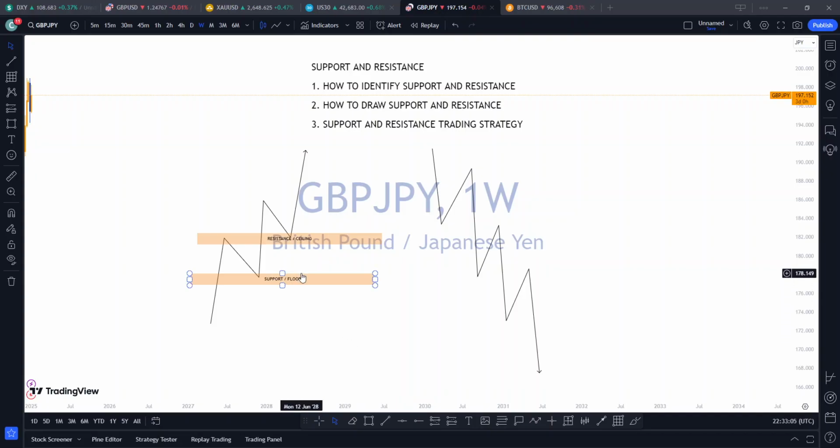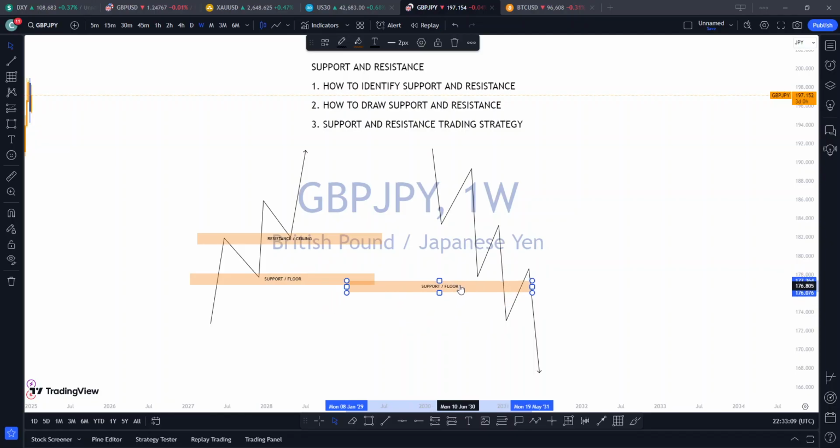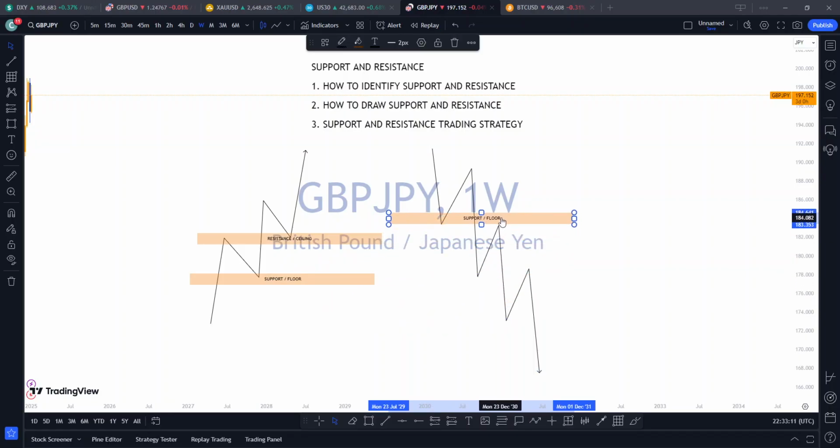Like I said, I'm going to explain further with the chart as well. It's similar for a downtrend. This is the support for the downtrend, and this is the resistance for the downtrend. And we know that support can also turn into resistance, and resistance can turn into support, depending on how the price moves.